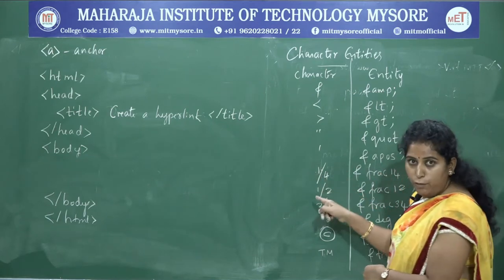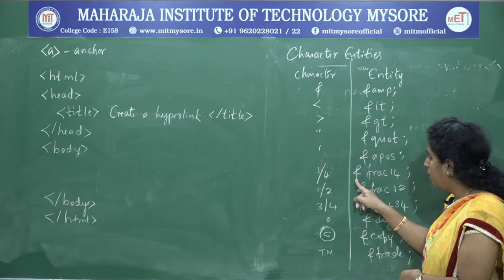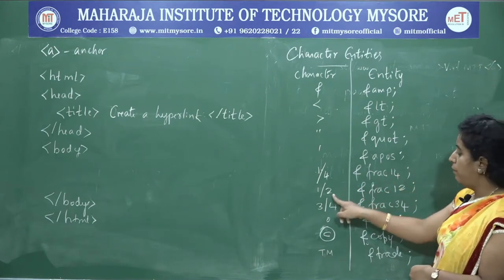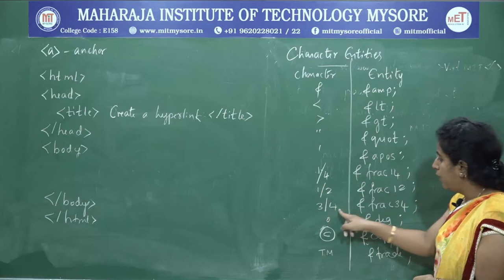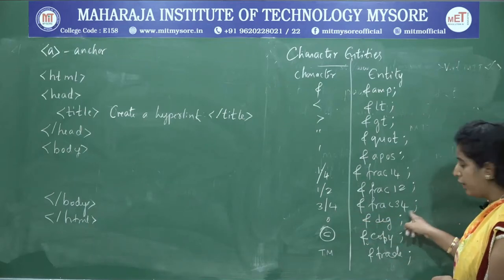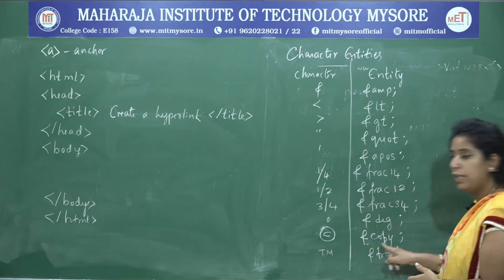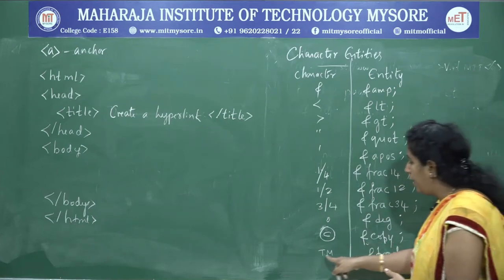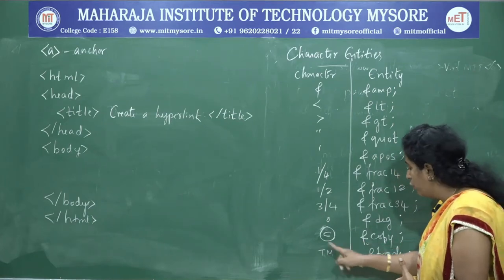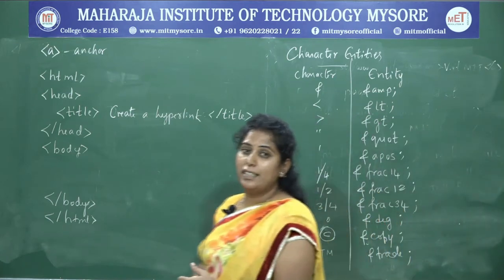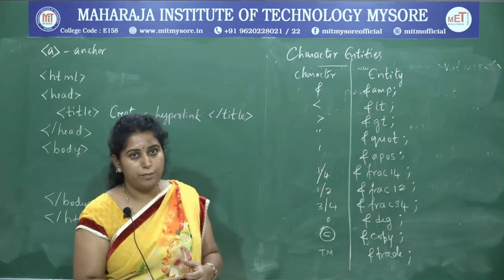I want to print 1 by 4. Okay, how do I print? Ampersand FRAC fraction 1, 4. For 1 by 2, 1, 2. 3 by 4, 3, 4. Got it? And I want to print a copyright symbol. How do I print? Ampersand copy. Then I want to print a trademark symbol. So ampersand trade. So this is what character entities mean.